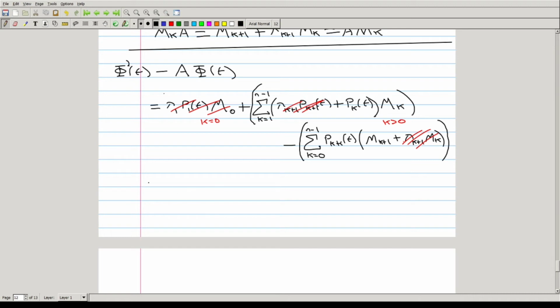So what we're left with is the summation from k equals 1 to n minus 1 of p k of t times m k, minus the summation from k equals 0 to n minus 1 of p k plus 1 times m k plus 1.